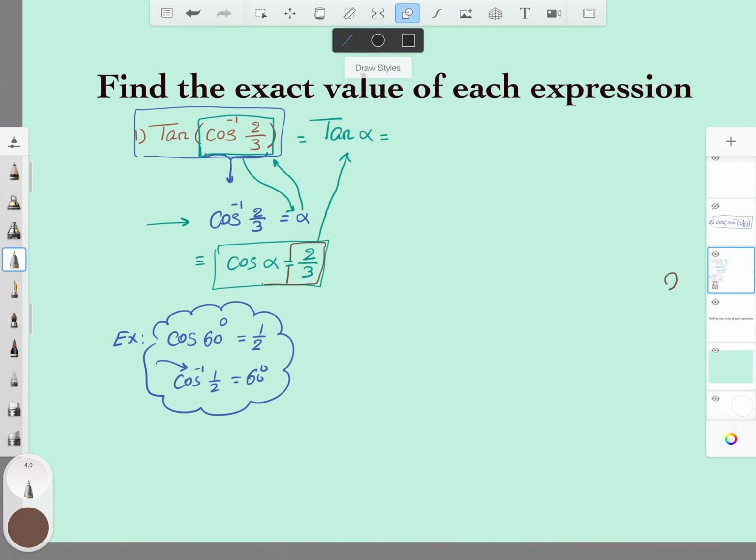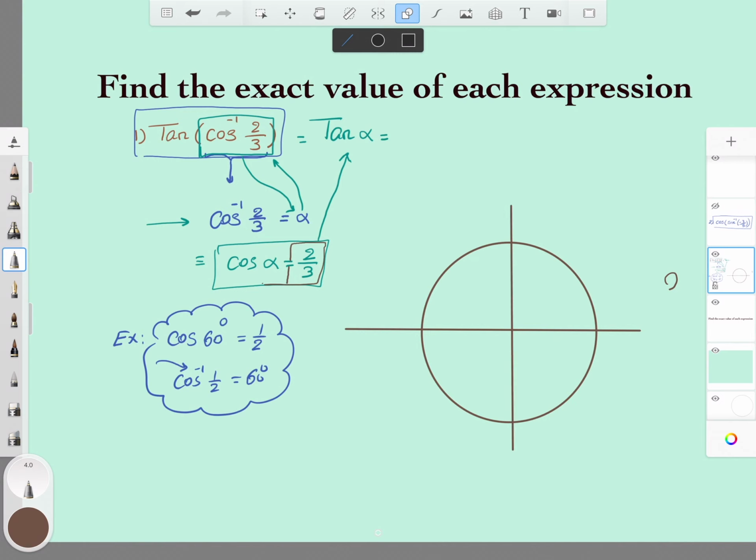I'm going to make a circle here. Basically, we're going to use the Pythagorean theorem. Before we apply it, we need to know where this alpha is. Should I draw a triangle in the first, second, third, or fourth quadrant?